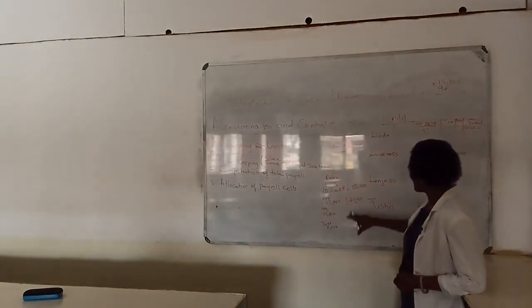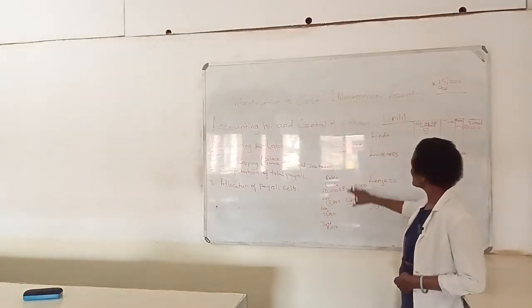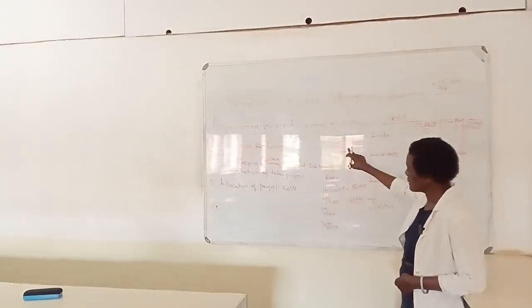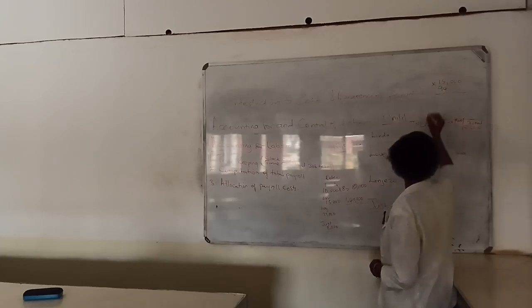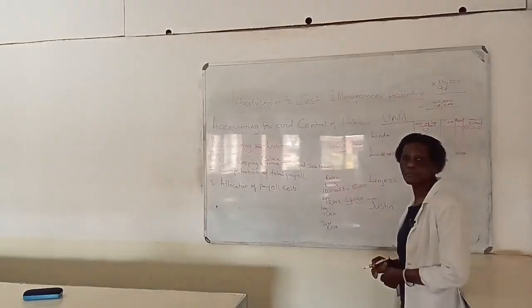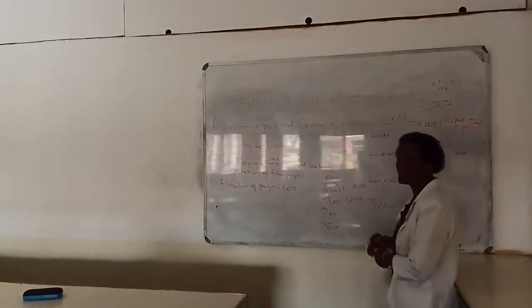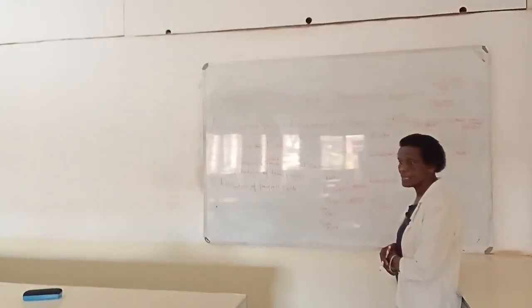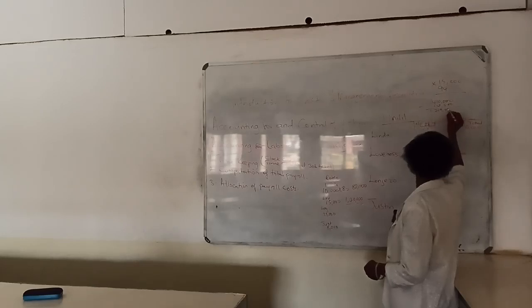Then we are going to calculate the amount that is supposed to be given for tax. So we are saying 1,410,000 minus 150,000. What is the balance? Okay, 1,269,000.